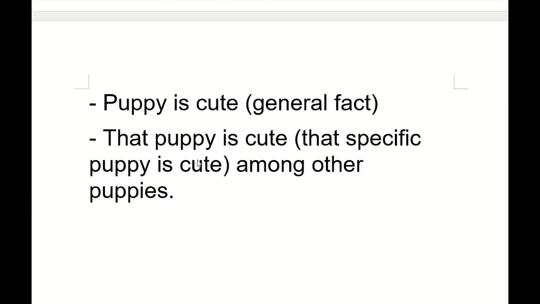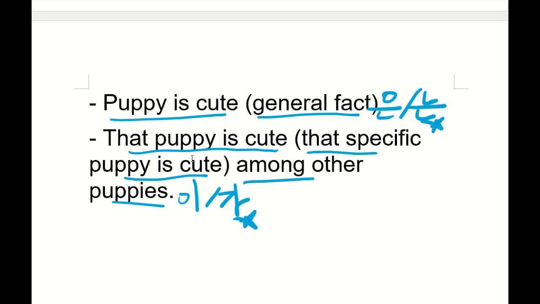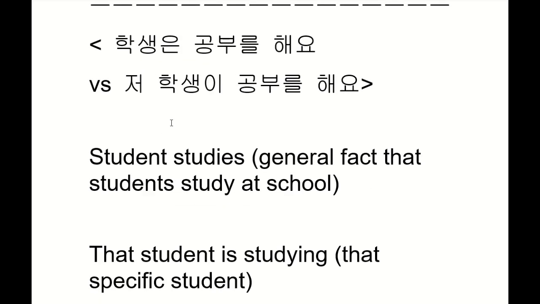So puppy is cute, topic marking particle, general fact. That specific puppy is cute among other puppies, then it's the subject marking particle. Alright. 이가. General fact, 는. Okay. 이가. Good. And more examples.